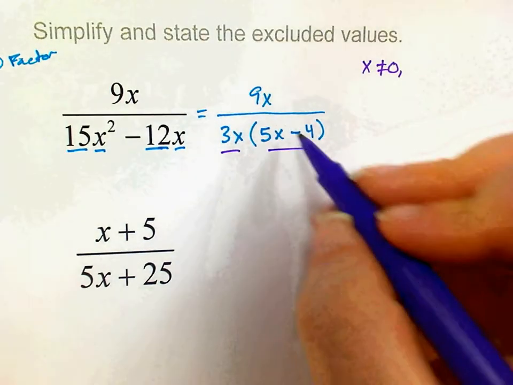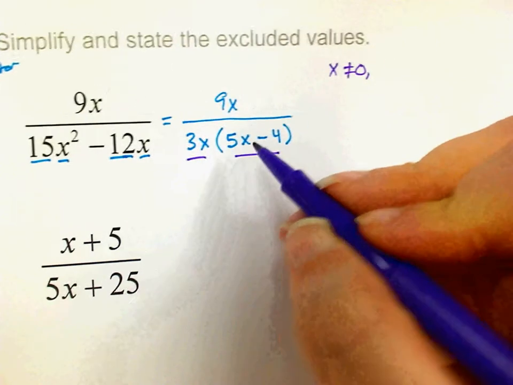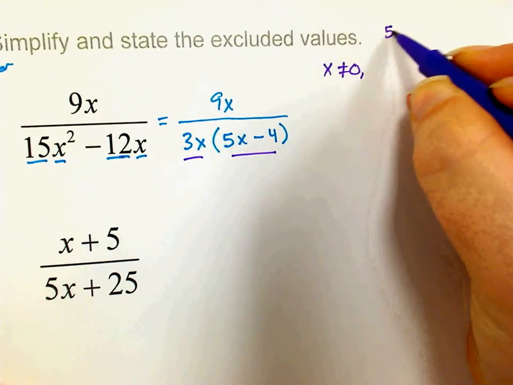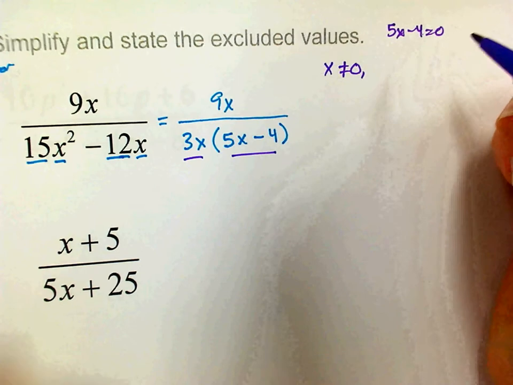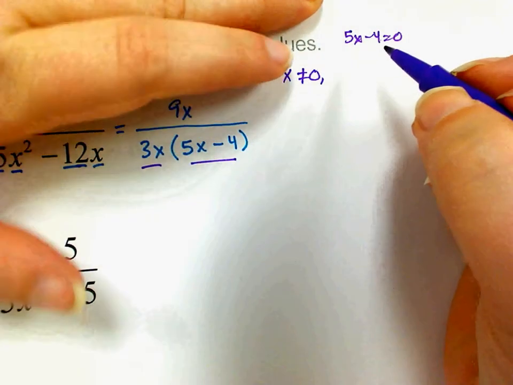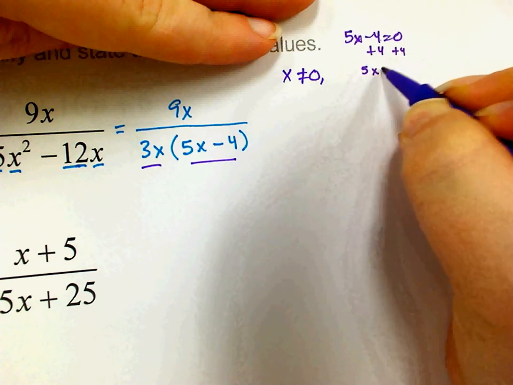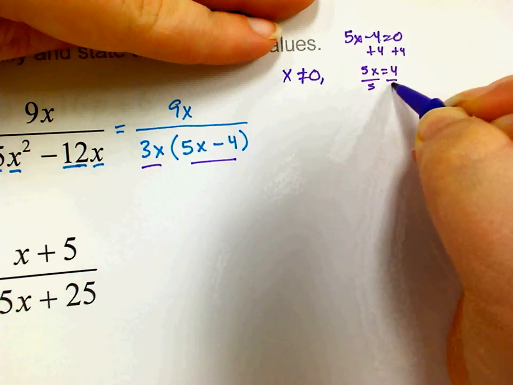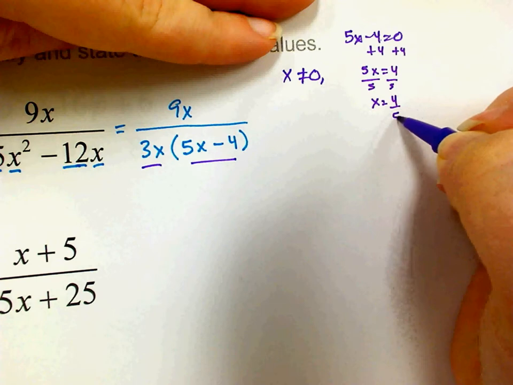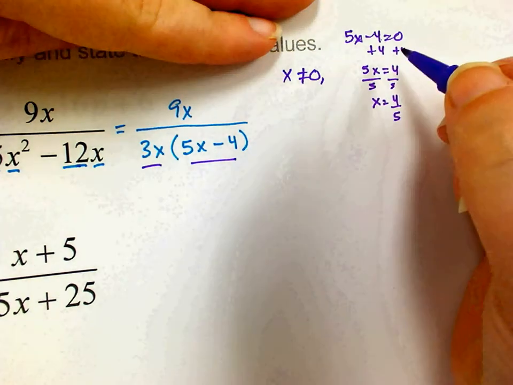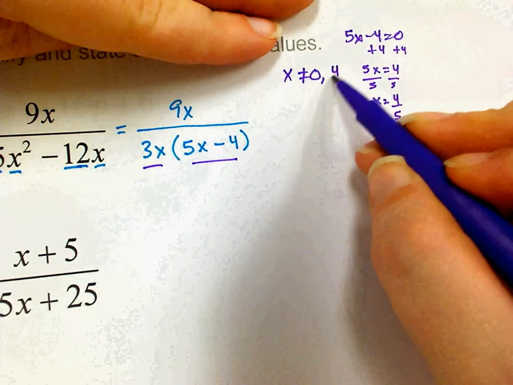And then for this one, when does 5x minus 4 equal 0? Well, just solve for x, I get 5x equals 4, or when x equals 4/5. So you add 4 and divide by 5. Okay?